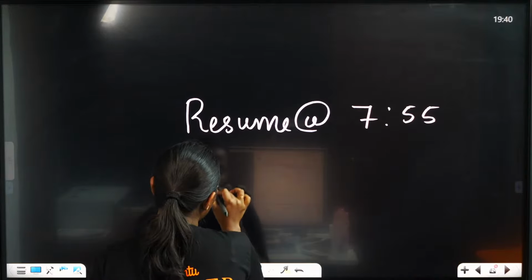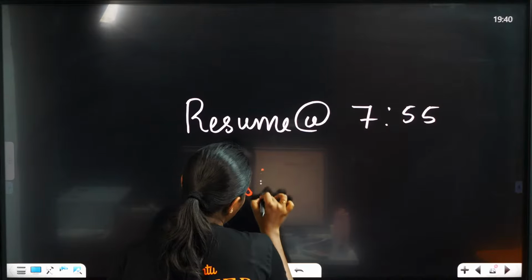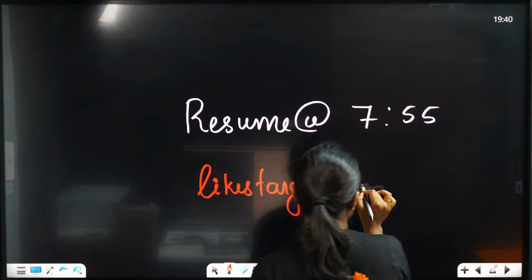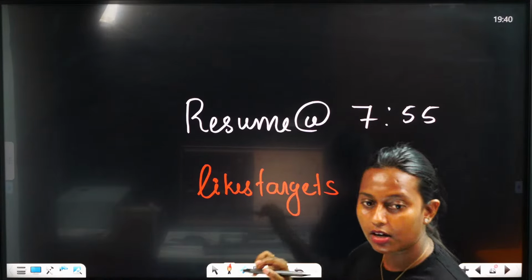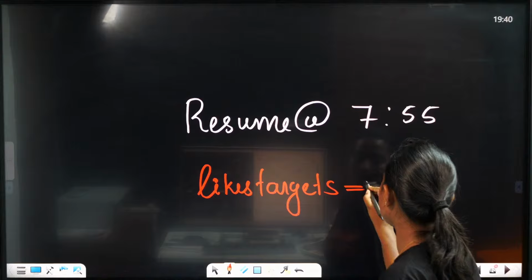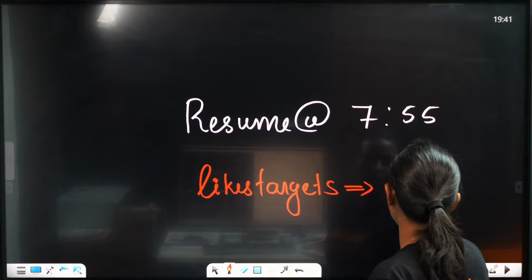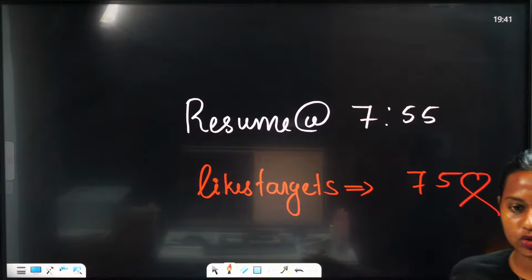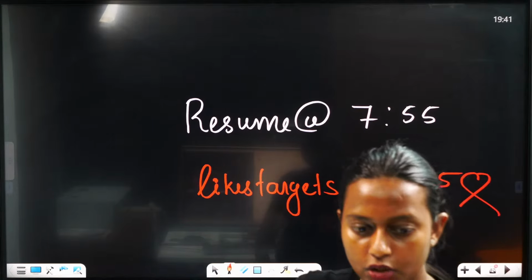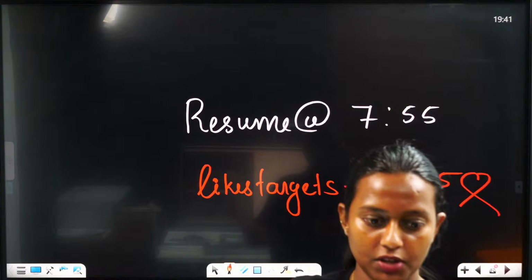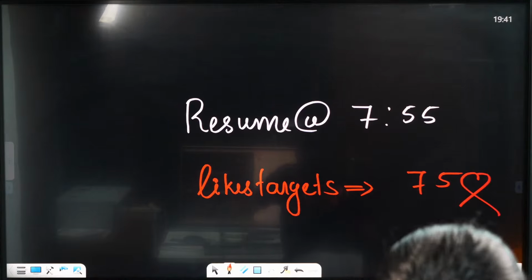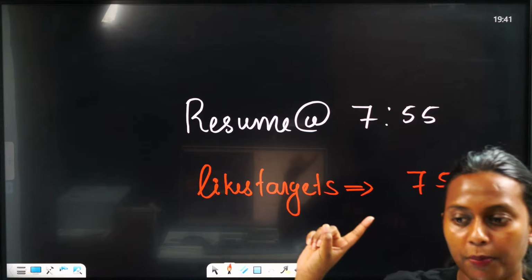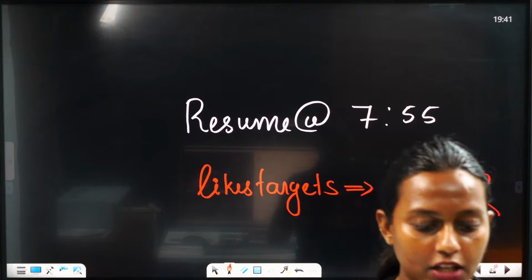I am writing the like target: 75 is our like target. Everyone must rejoin at 7:55 sharp.